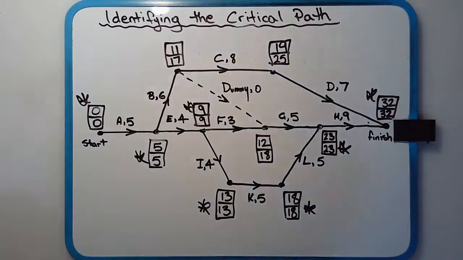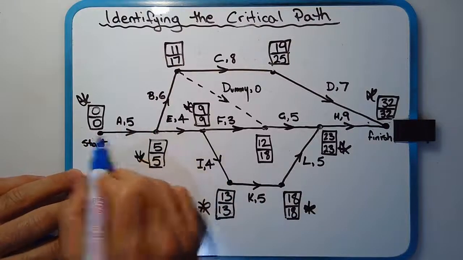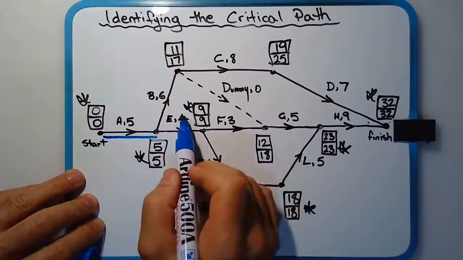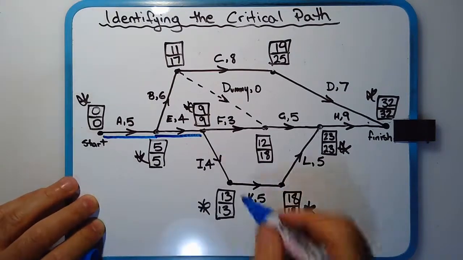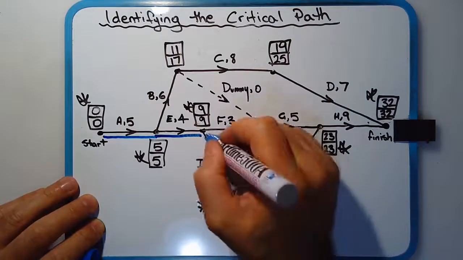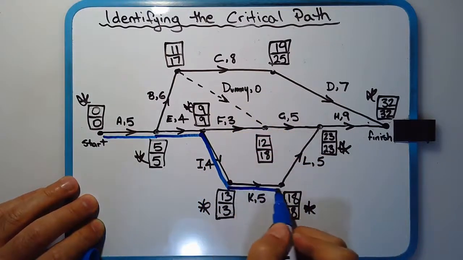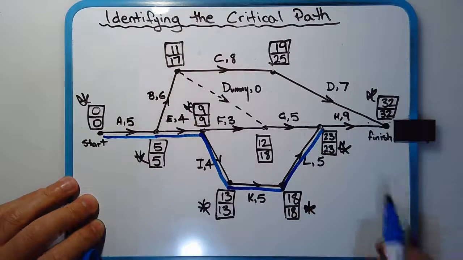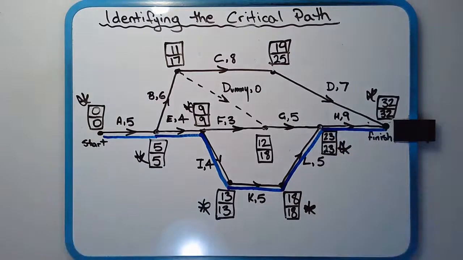I'm just going to use a different color pen here. So I'm going to draw in the critical path now, and then I'll write down what it is. So we've got that there, through activity E. Now through activity I, all the ones that I've starred, through activity I, through K, through L, and then finally straight to the finish, and that's our critical path.